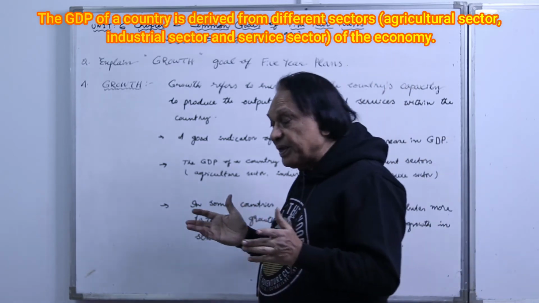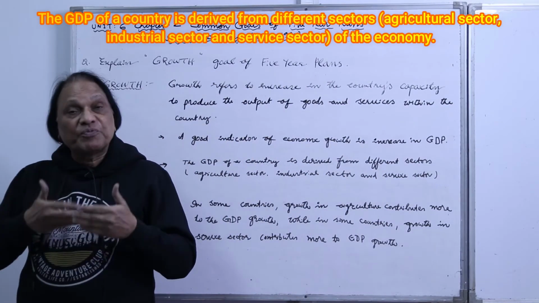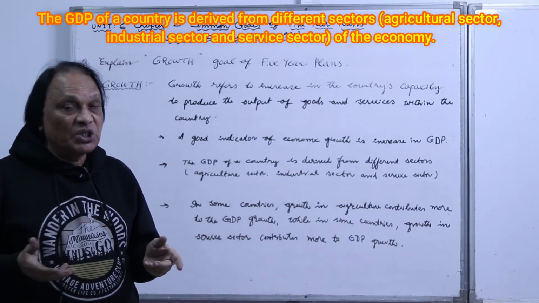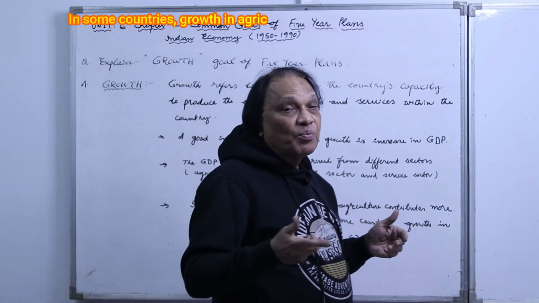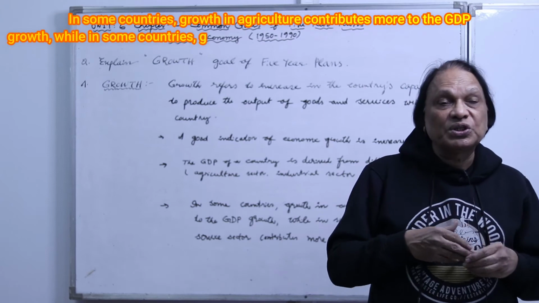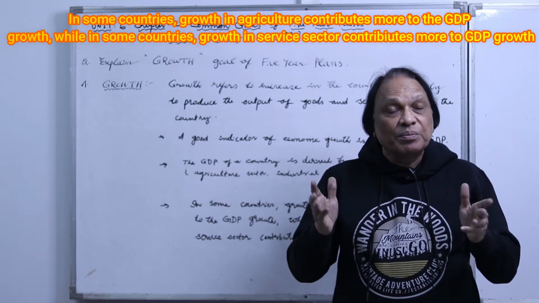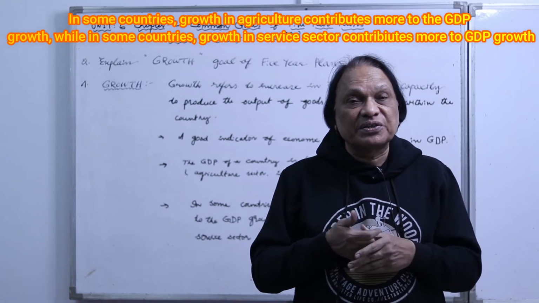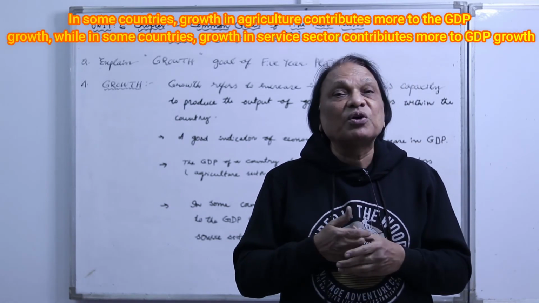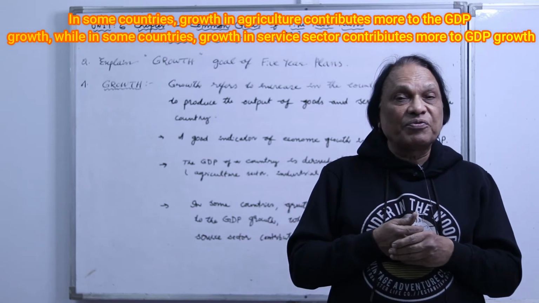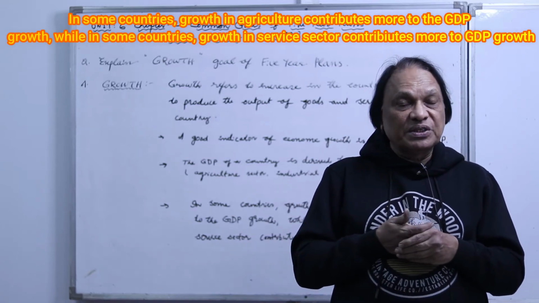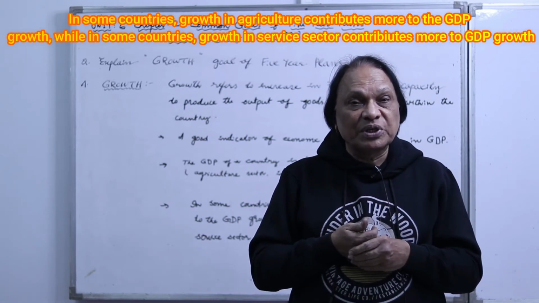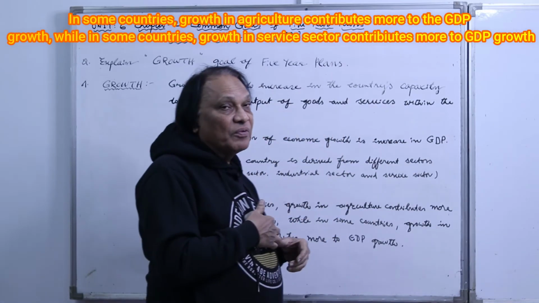In some economies, the GDP goes up because of more agricultural production, in some because of more industrial goods, and in some because of the service sector. Irrespective of which sector is producing more, GDP will go up. That is an indicator of economic growth. That's the first major objective of 5-year plans.